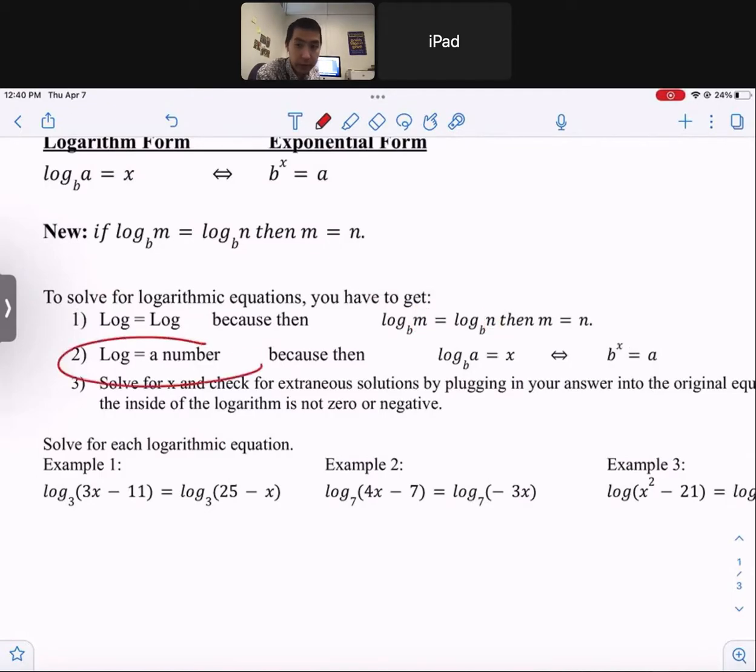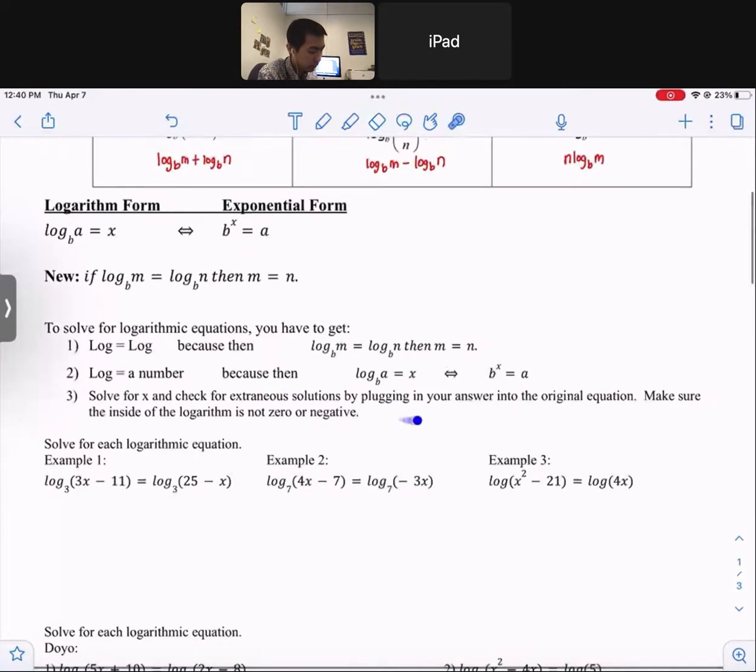Or you need to get a log equal to a number, and then you can convert from log form to exponential form. Solve for x, and check for extraneous solutions by plugging back into the original equation and making sure the inside of the logarithm is not 0 or negative.